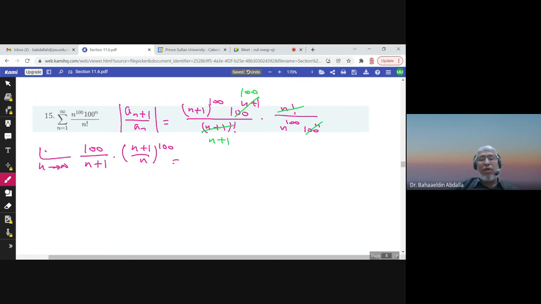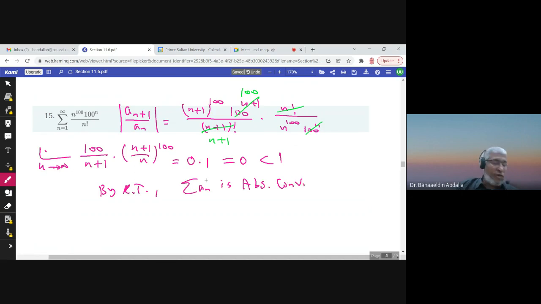Now this would be equal to the limit of this times the limit of this. The limit of this one, 100 over infinity, that's 0. The limit of this one is 1. The limit of (n+1)/n is 1. 1 to the power 100 is 1. So the limit is in fact 0, and 0 is less than 1. And by the ratio test, the summation of a_n is absolutely convergent.